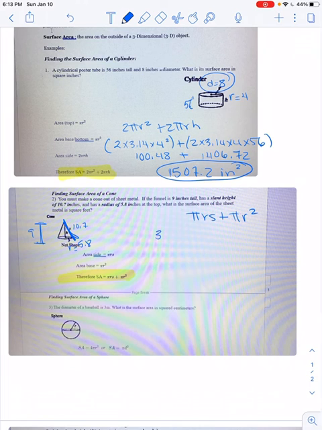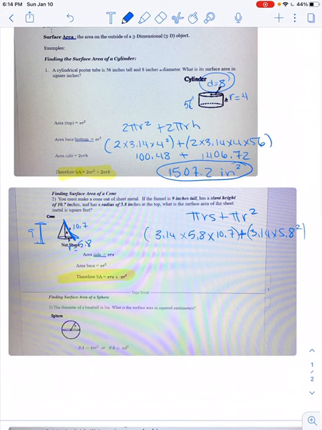So pi 3.14 times my radius 5.8 times my slant height 10.7 plus 3.14 times my radius squared. Same thing, we have multiplication, we have an addition, and then more multiplication. We're going to have to follow priority of operation.